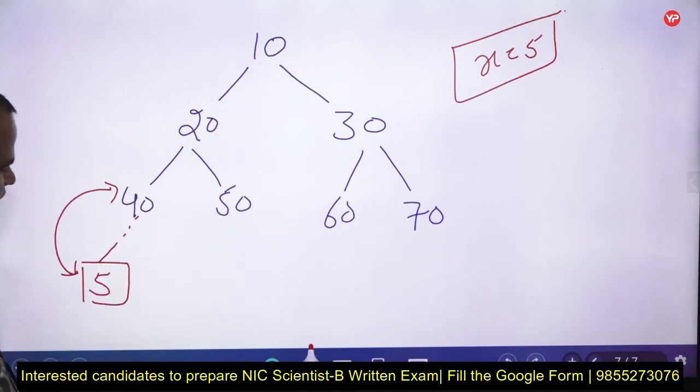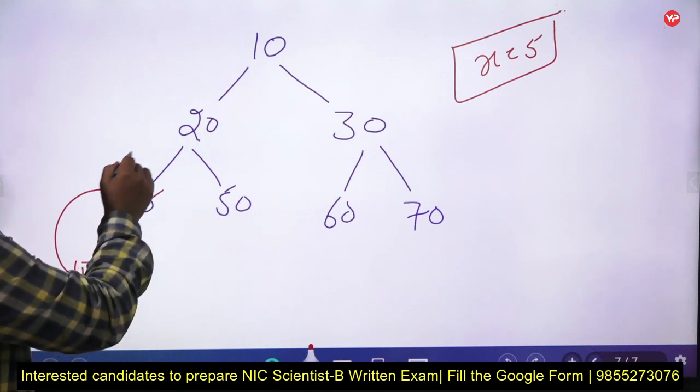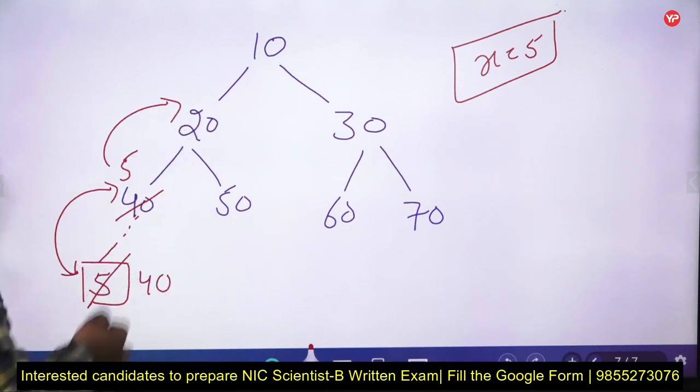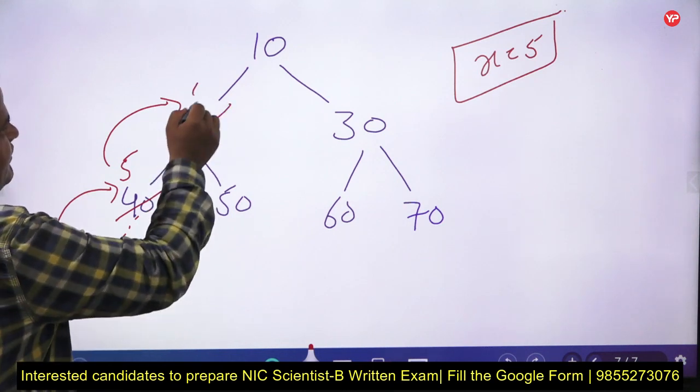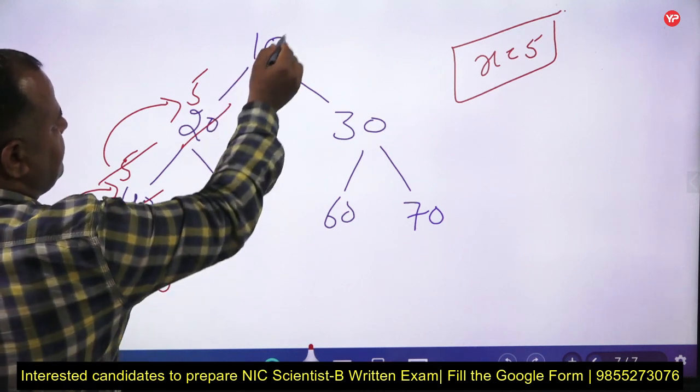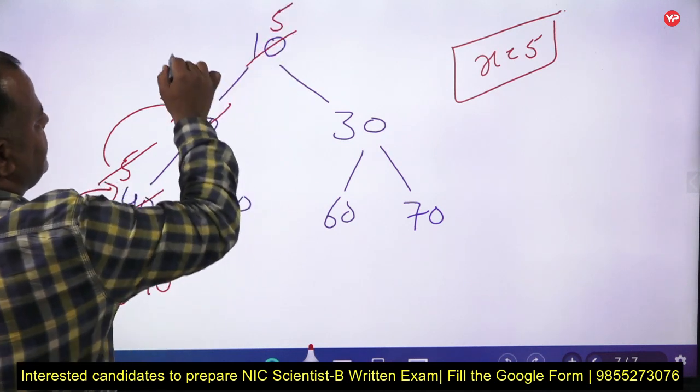Out of 5 and 40, which one is smaller? 5. So do one swap: 5 will be here, 40 will be here. Again a comparison: 5 and 20, which is smaller? 5. So 5 will be here and 20 will be here. Next again 5 and 10: 5 will be here and 10 will be here.